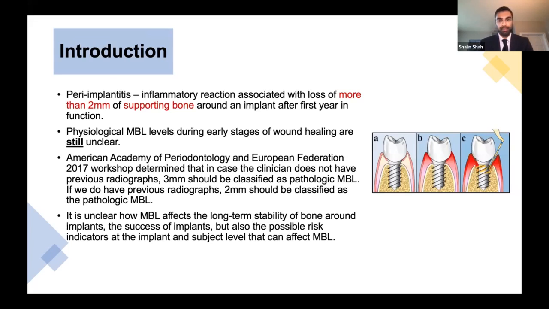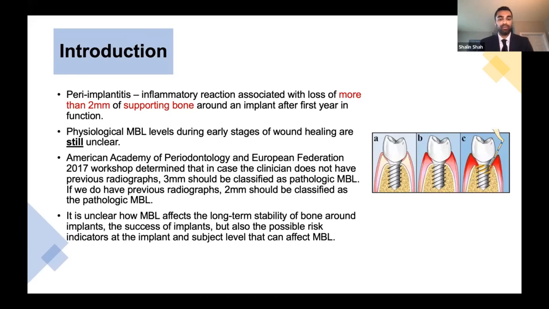So marginal bone loss, or MBL, as I'm going to refer to it from now on, is inevitable. During the first year of implant function it represents normal remodeling after the inevitable bone injury caused by the implant surgery, as well as the trauma when it's loaded and in function during mastication. However, MBL beyond the first year of function has been associated with diseases like peri-implantitis, which is an inflammatory reaction associated with a loss of more than 2 millimeters of supporting bone around an implant after its first year in function.